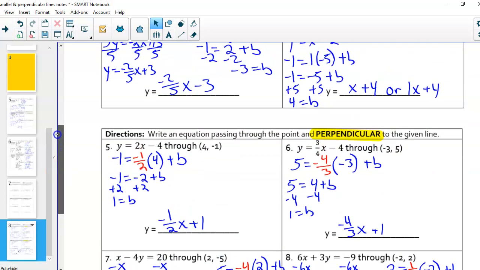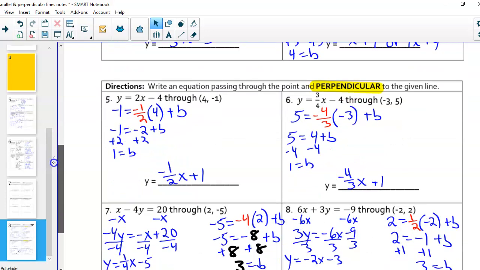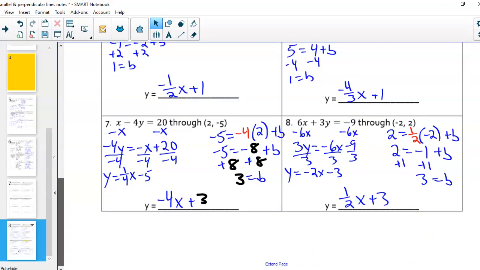Do we have questions on those 4? We were supposed to do one of each type. Do more if you could.